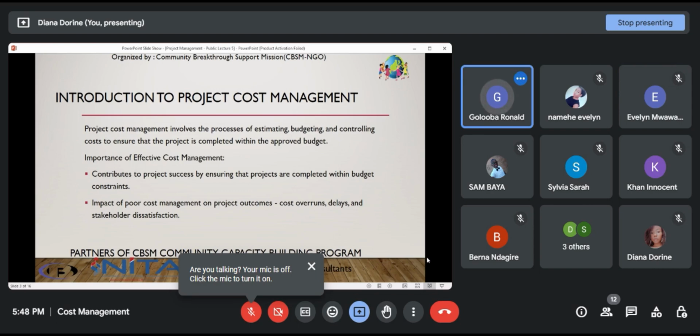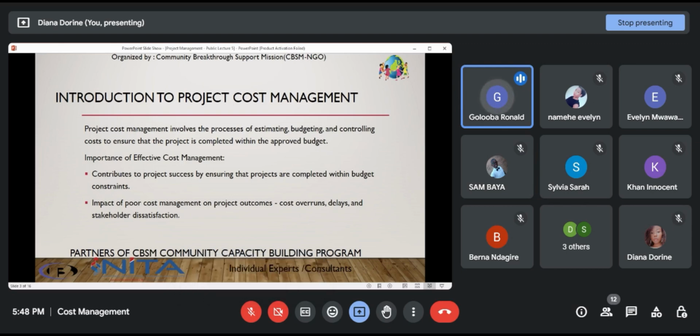So we are saying that project cost management involves the process of estimating, budgeting, and controlling costs to ensure that the project is completed within the approved budget. It's important to know that this runs across the project life cycle and all the other project process groups, as the doctor introduced them to us, and I also looked at them during the project integration process.